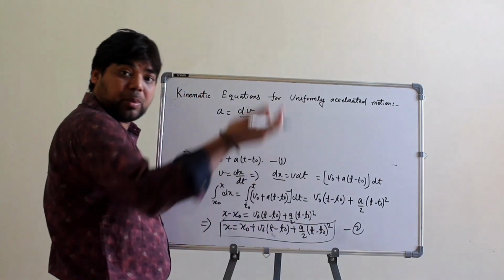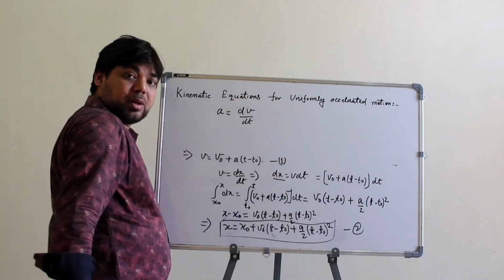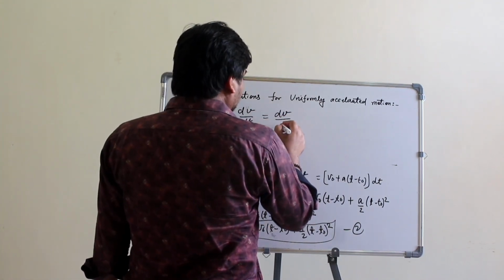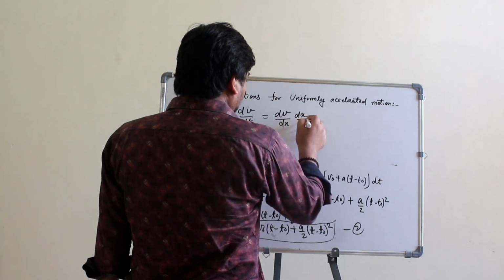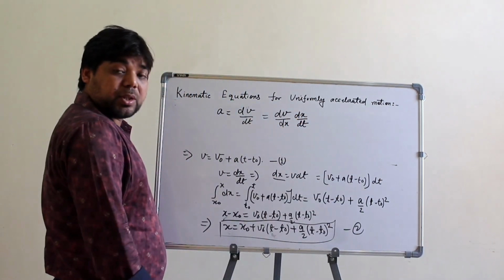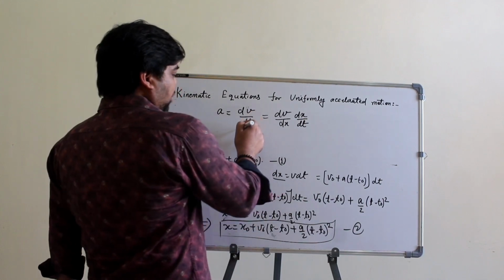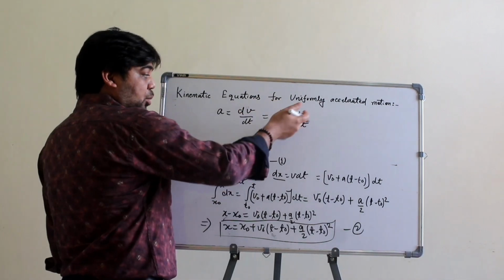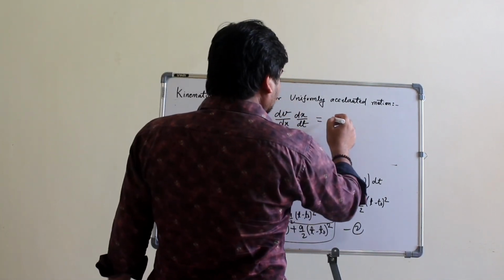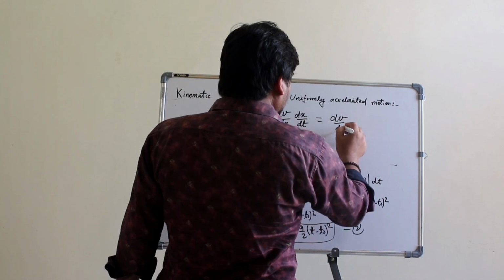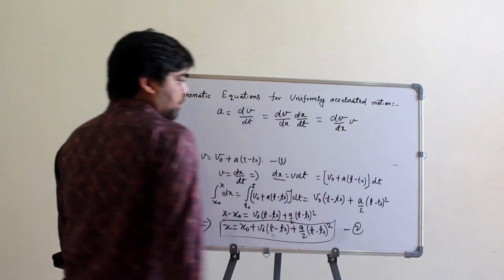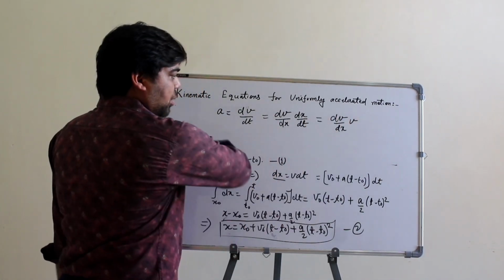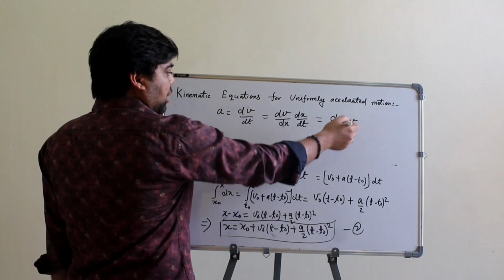We are trying to find a relation of acceleration with displacement. dv by dt can be written, by the chain rule of differentiation, as dv by dx into dx by dt. This is what we call the chain rule of differentiation. So this gives you dv by dx, and dx by dt is nothing but v. So it becomes v dv by dx.